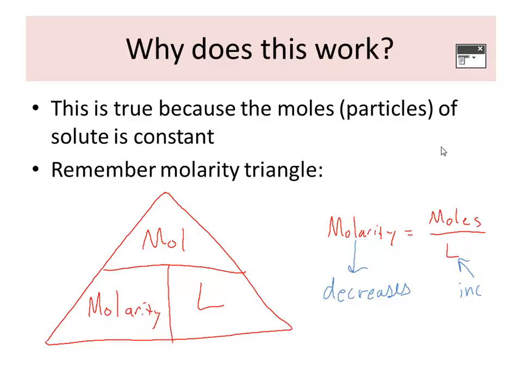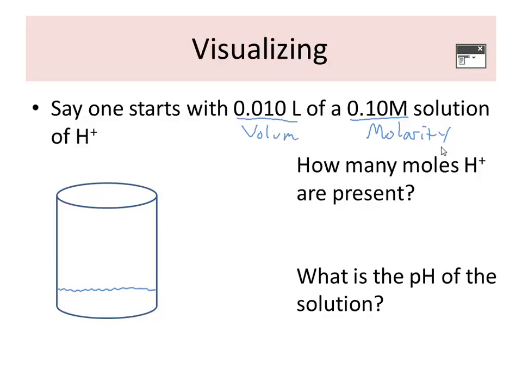Moles is equal to molarity times liters. Got it? Got that over there, guys? Okay, I'm going back. So I have 0.1 liters times 0.10 moles per liter. So I have 0.001 moles.